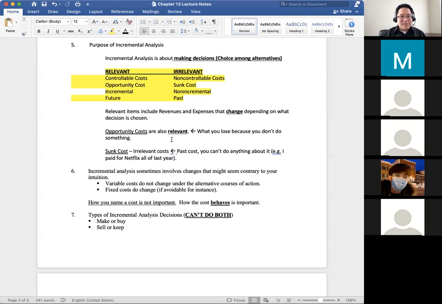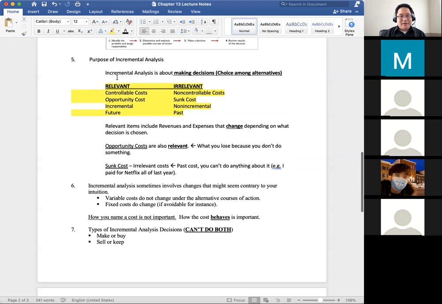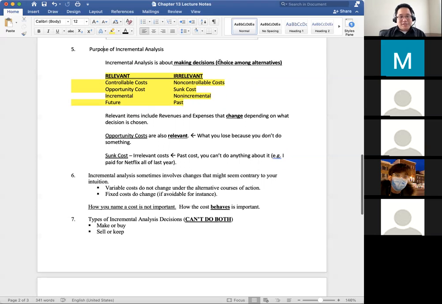And what I told the person was, this is an incremental analysis question, right? Because you have to make a choice among alternatives, and you can't do both. You're going to either be in the relationship or not. You can't do both at the same time. And you should not think about the 6 years you've already spent with the person because that's not controllable.